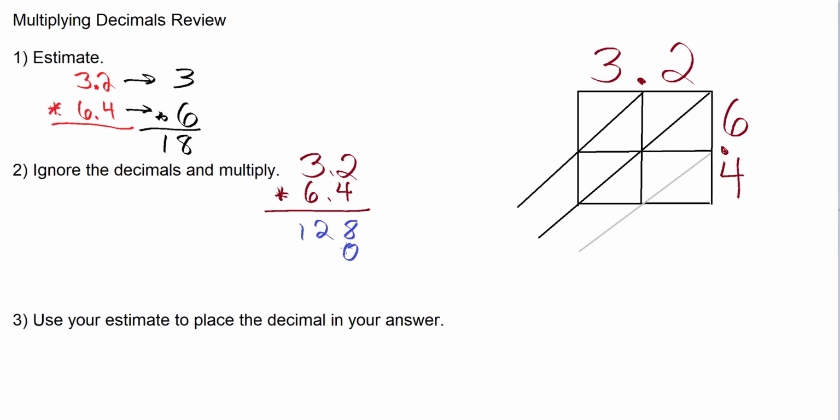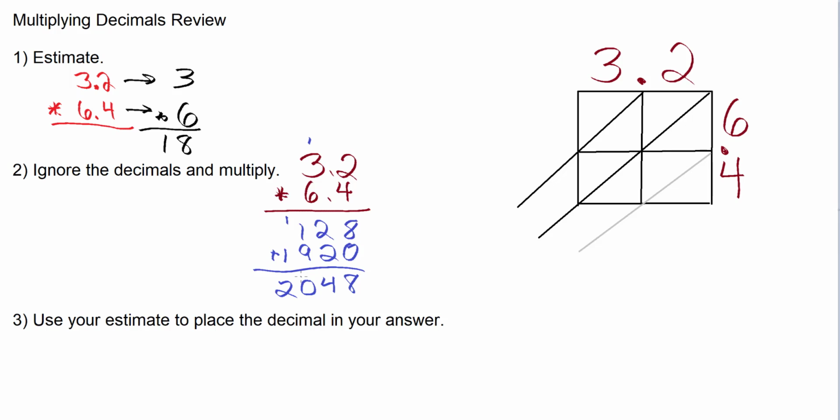Place our 0 placeholder there because we're moving to the next place value. 6 times 2 is 12. Carry my 1. 6 times 3 is 18 plus 1 is 19. So I add those, and 10, carry 1. This is what I get, 2048.